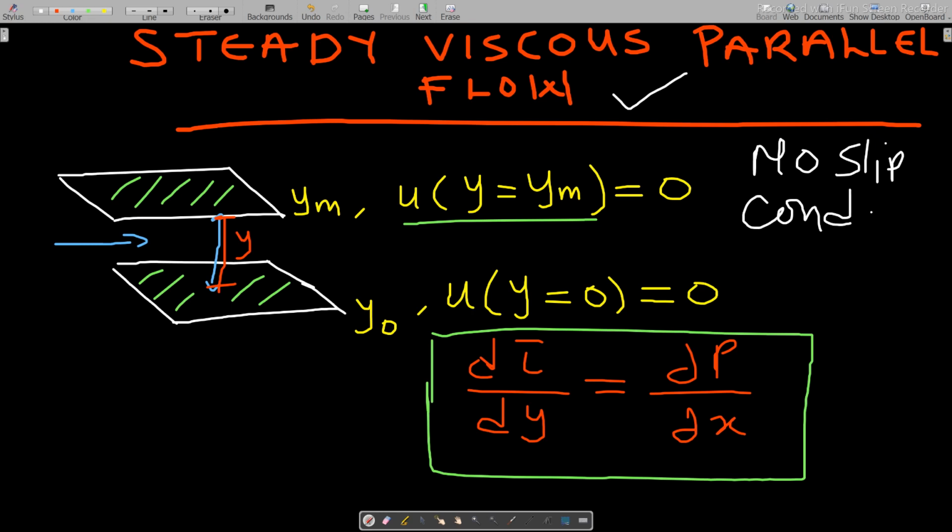If you consider these two plates, you see that one is at the bottom, and this one is at the maximum height. So the no slip condition is saying that at the maximum height, that is y maximum, the velocity is equal to 0. That is what we have here.